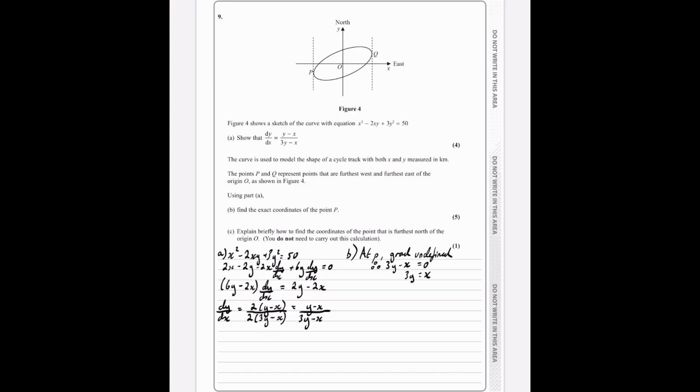We can substitute that into the original equation of the curve. Gives us 3y all squared minus 2 lots of 3y times y plus 3y squared will be equal to 50. And this generates a quadratic equation we can solve to find the values of y for this particular point P.